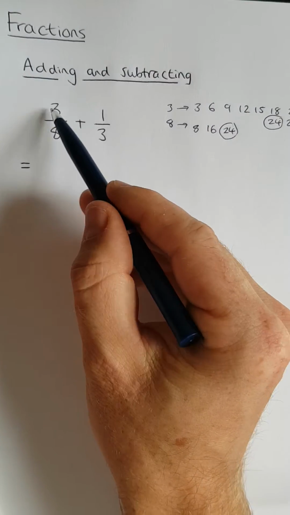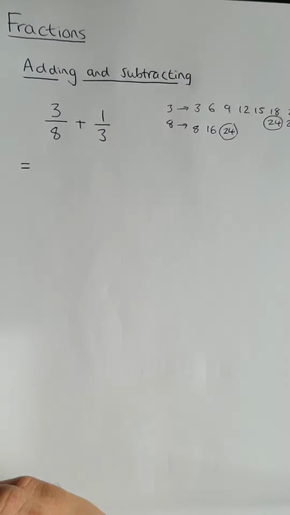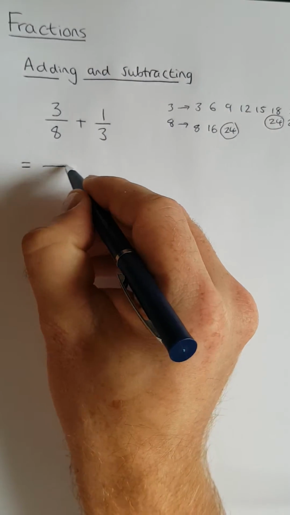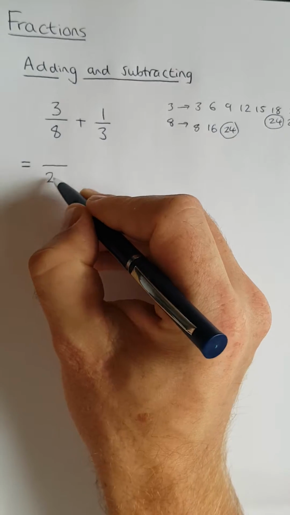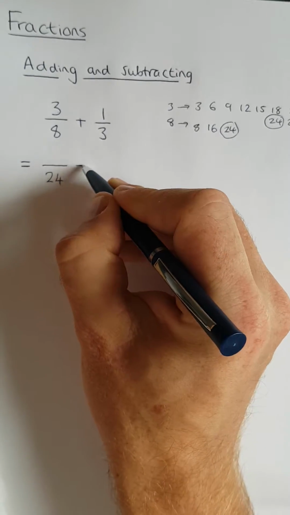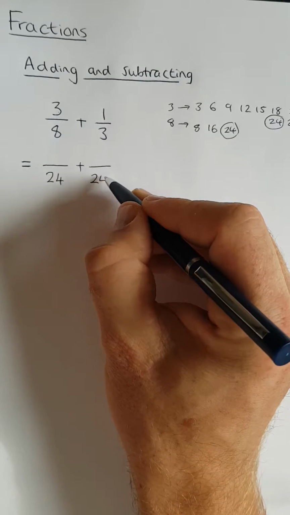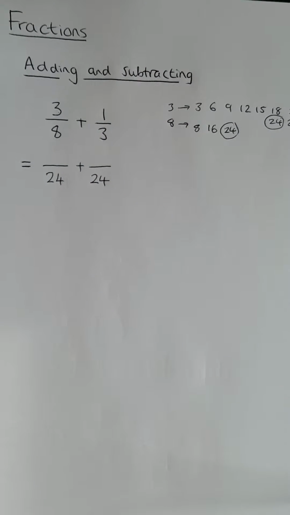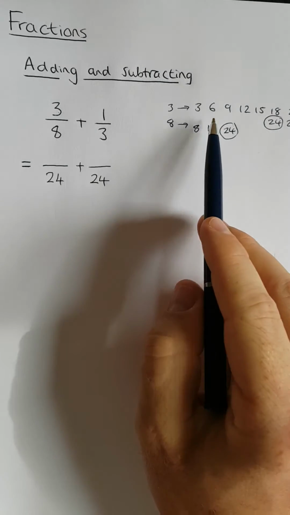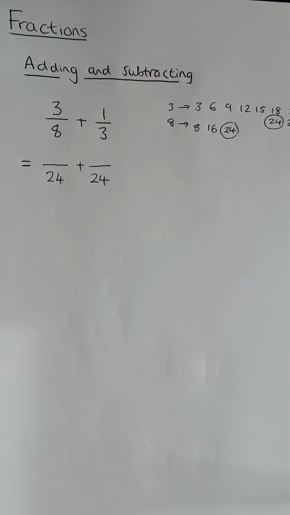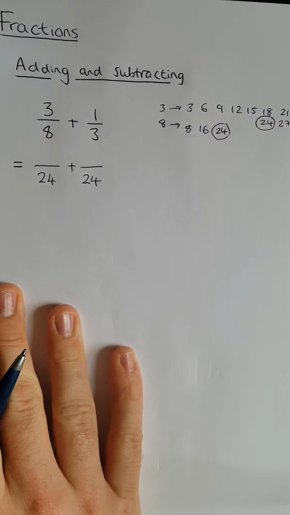I'm going to multiply both parts of both fractions. When I multiply 8, my aim is to multiply it by something to make 24. I'm then going to multiply 3 by something to make 24. Then they will have the same denominator. You'll notice there are no numbers lower than 24 where they meet. This means I'm going to be quite efficient.